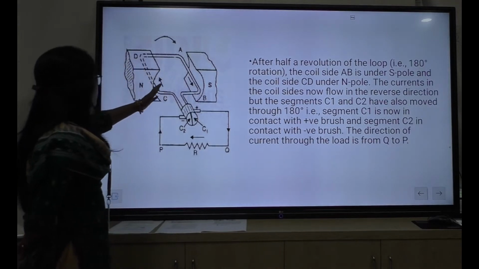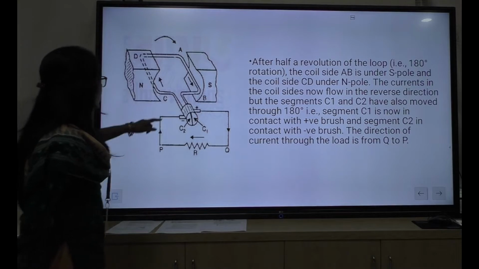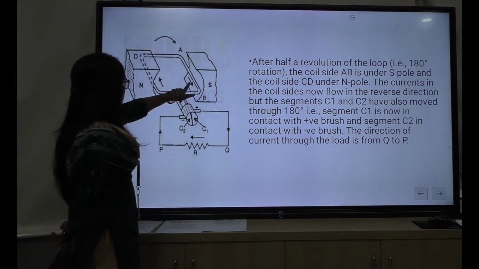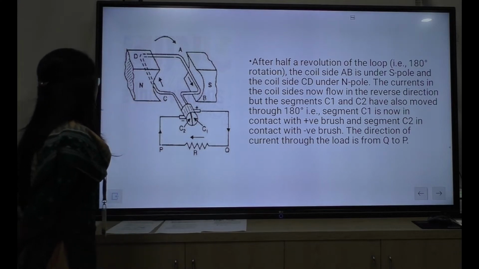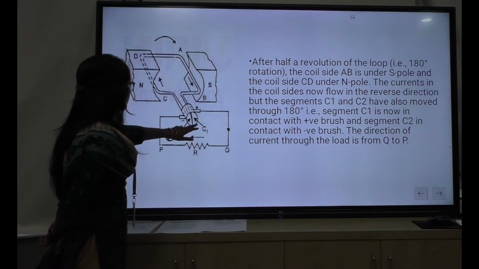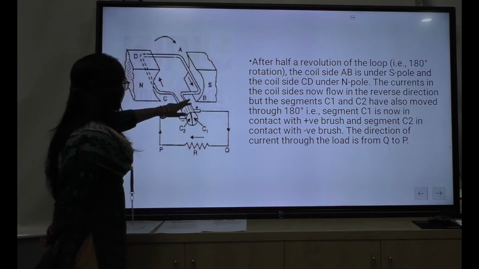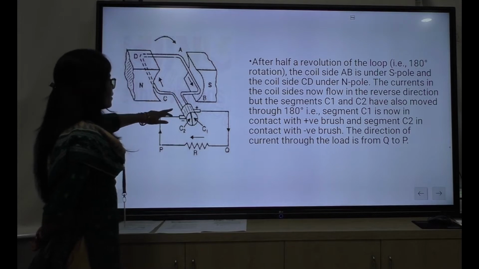So, after one revolution or after negative half cycle, after 180 degree revolution, the coil side AB is under south pole and the coil side CD is under north pole. Here also the commutator segment C1 is under AB and commutator segment C2 is under CD.